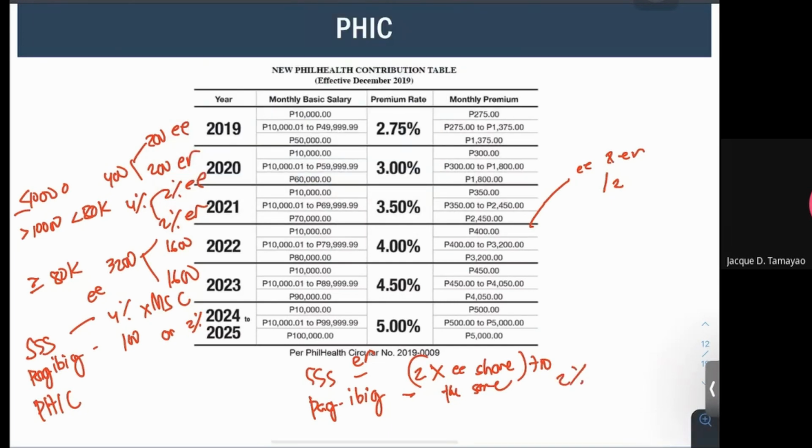And then we have your PhilHealth, again, the same. So we follow this: 200 if less than or equal to 10,000, more than 10,000 but less than 80,000, 2%, and then more than or equal to 80,000, 1/6.